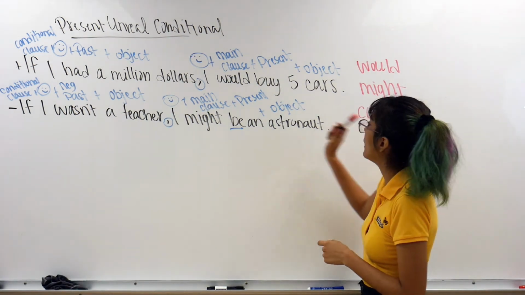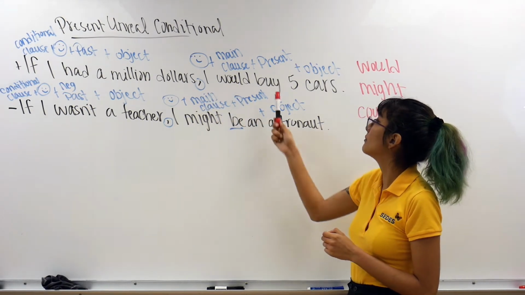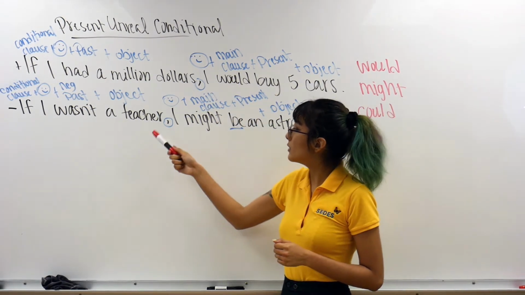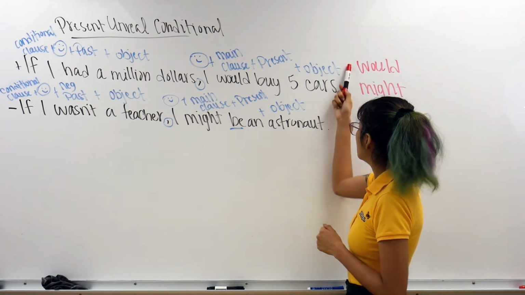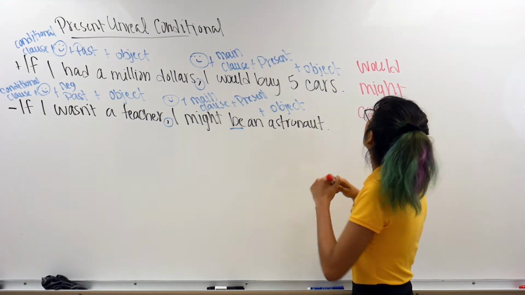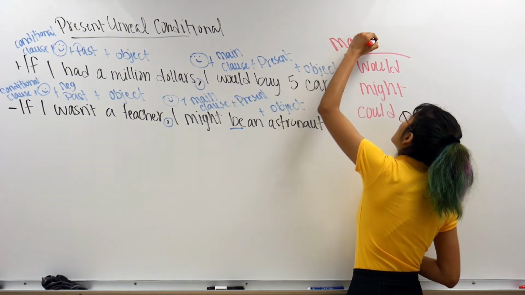I can use them, right? I could also say, if I had $1 million, I could buy 5 cars. If I wasn't a teacher, I could be an astronaut. These 3 are my main clauses.